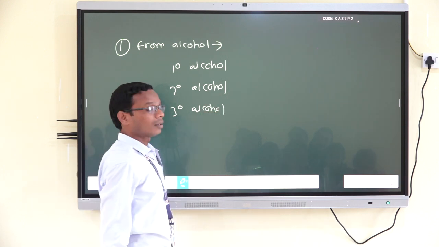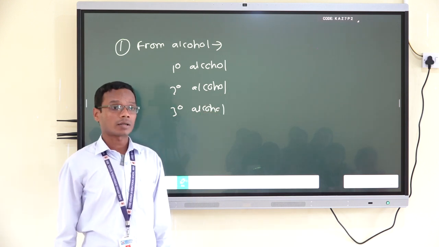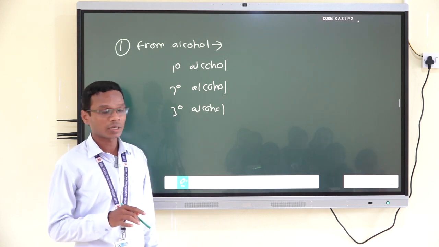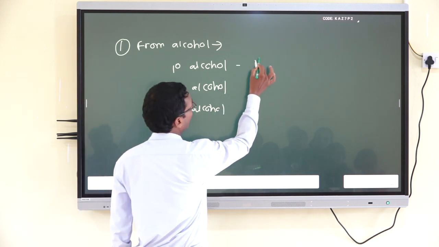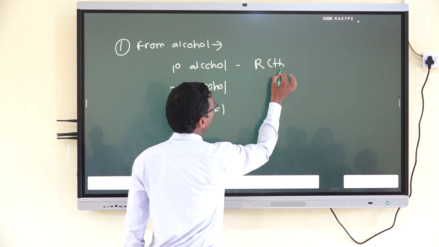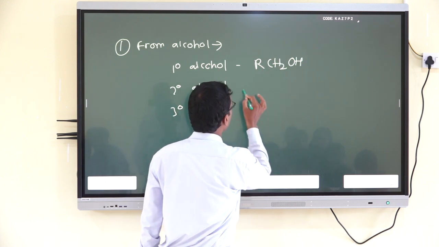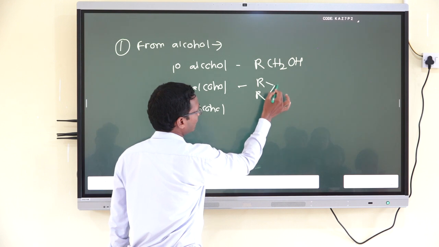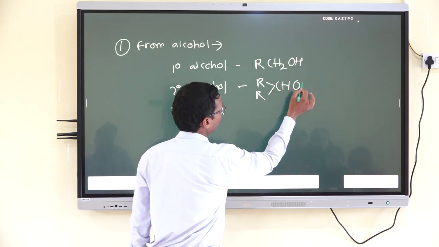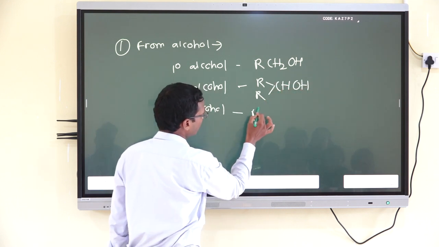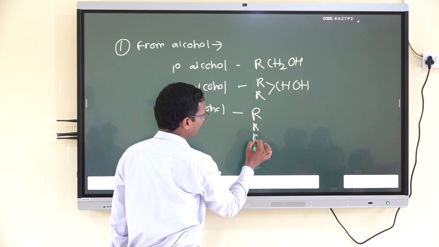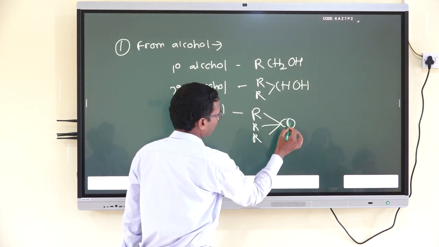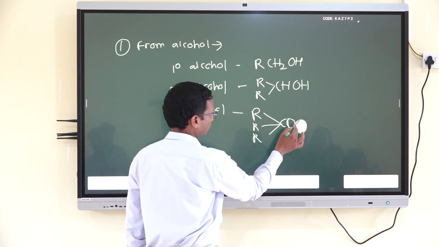Who can say the formula of primary alcohol? Anybody? The formula of primary alcohol is RCH2OH. The formula of secondary alcohol is R2CHOH, and tertiary alcohol contains three alkyl groups, that is R3COH.